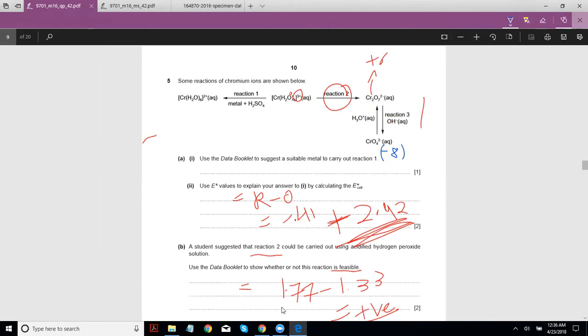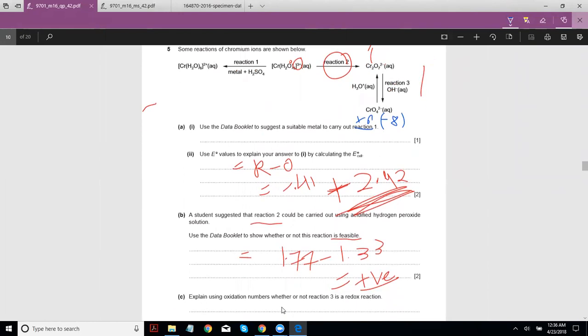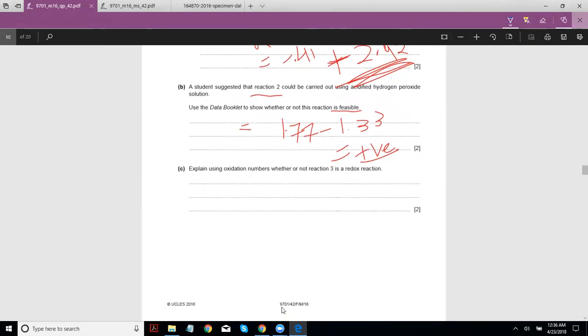That is for sure. And overall 2 negative, so chromium has to be +6, which is fine because there's one atom of chromium and that's +6. Since there's no change in oxidation numbers, it's not redox.